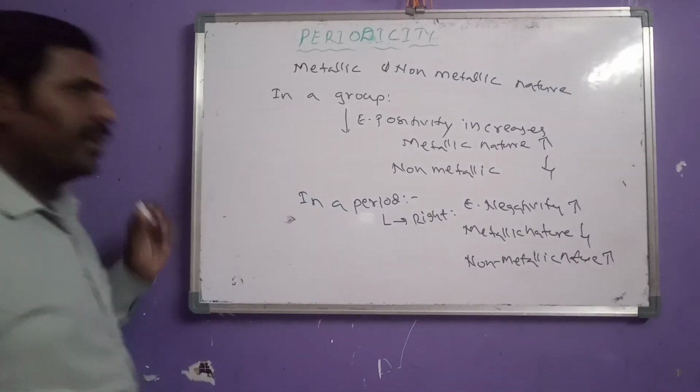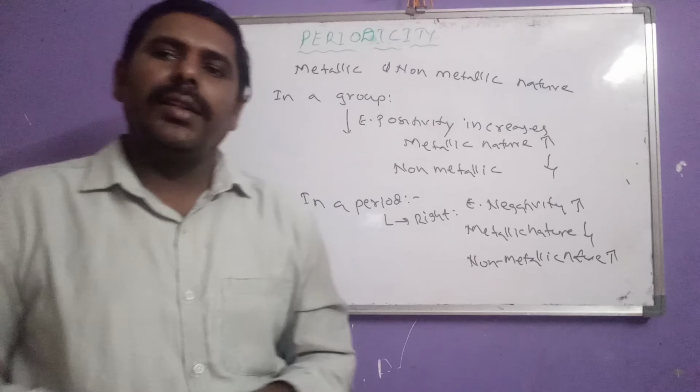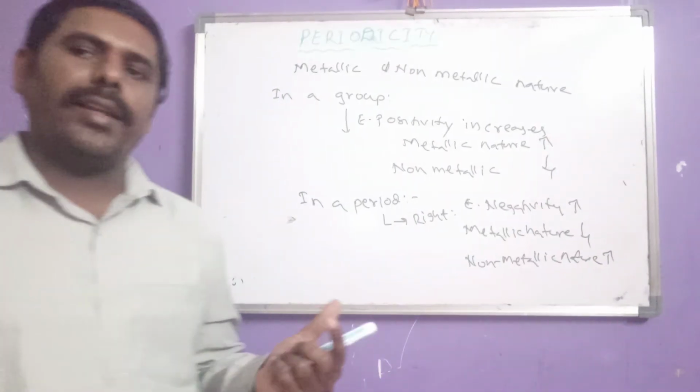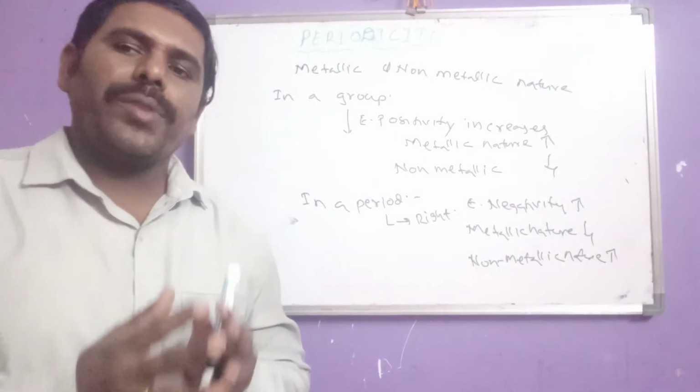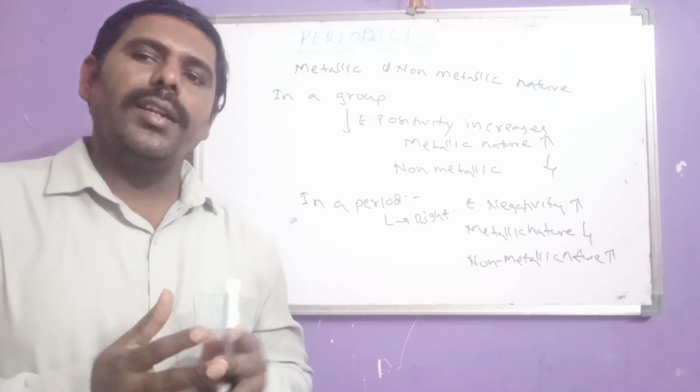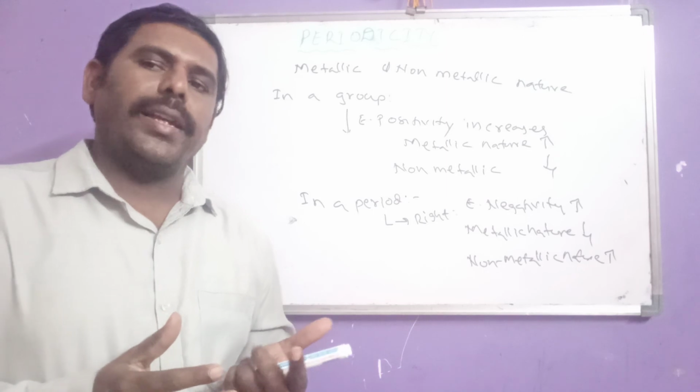So we have to remember the trend of these periodic properties in a group and in a period. This is one of the important long answer questions for intermediate public exams.